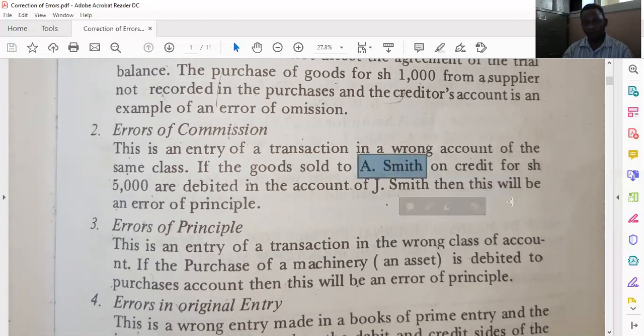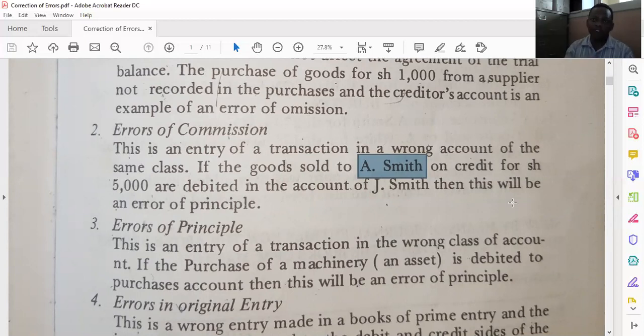So in this case, the effect will still be the same on the two sides of the ledger. So you find that we still have a credit entry in the ledger, but in the wrong account. So the effect of 5,000 has been felt on the correct side of the ledger, but in the wrong account. So this will also not affect the trial balance.